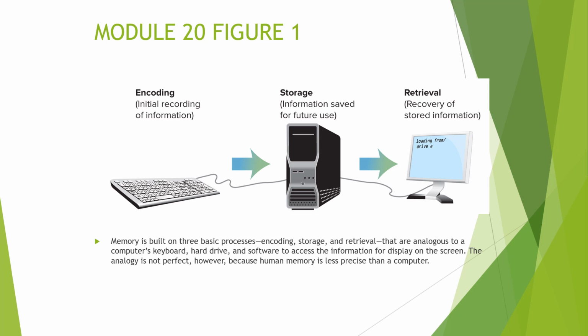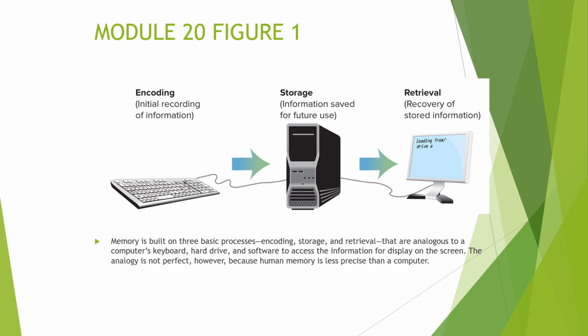This is a picture showing you how memories are somewhat like a computer. This is figure 1 at the bottom of page 203 in your textbook. It says memory is built on three basic processes: the encoding, the storage, and the retrieval. This is very similar to what a computer does.